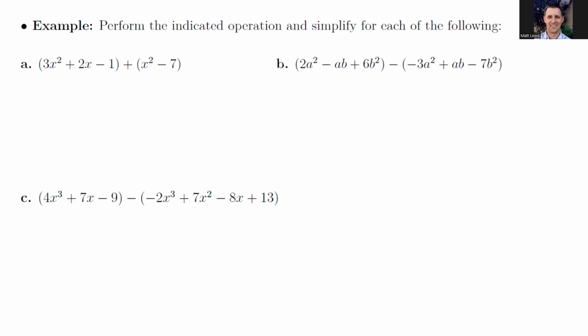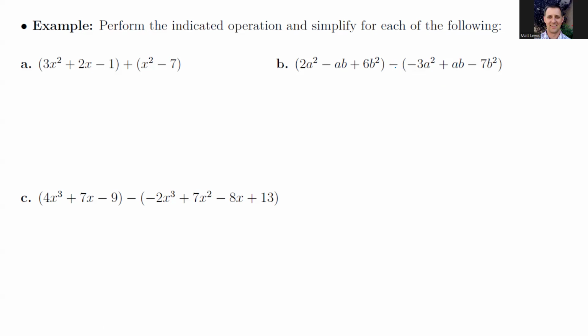All right. Now here's just a few more for us to work on. Let me start by looking at part B and giving a friendly reminder that when you are subtracting a polynomial that has multiple terms in it, the first order of business always has to be to distribute your minus sign through.